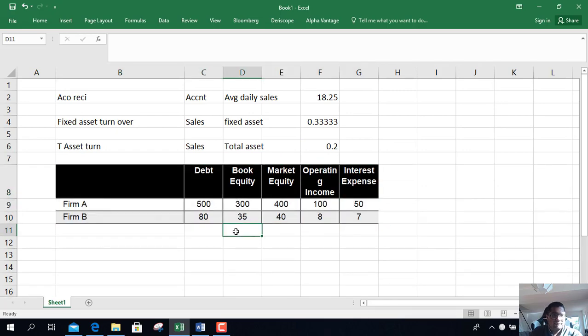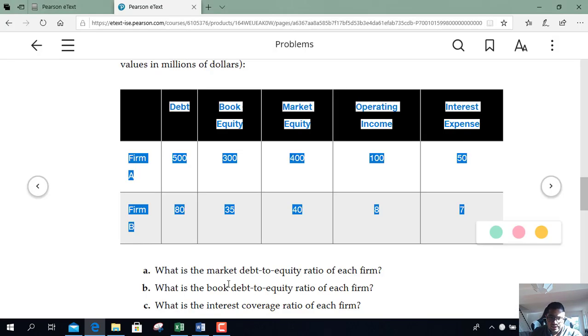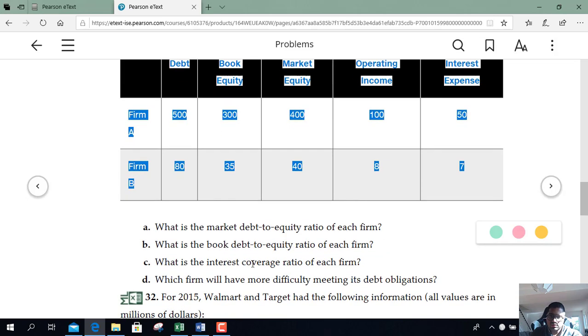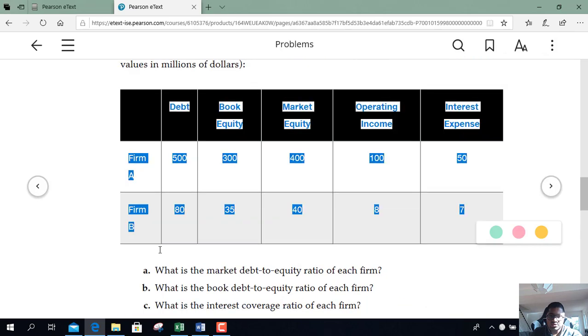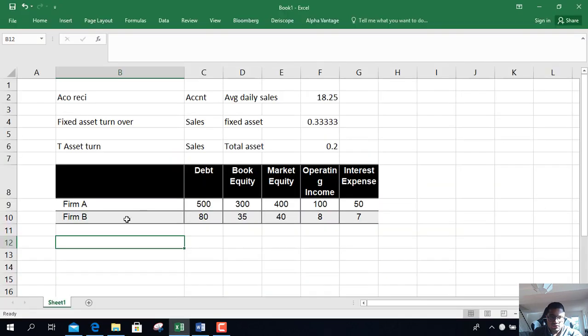You have to calculate market debt to equity ratio, book debt to equity ratio, and interest coverage ratio, and finally which will be better off.